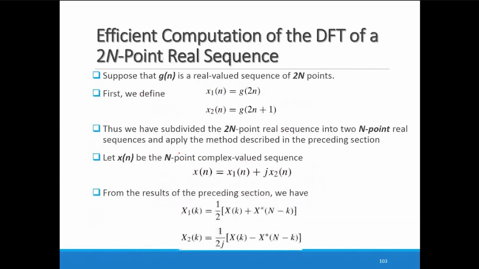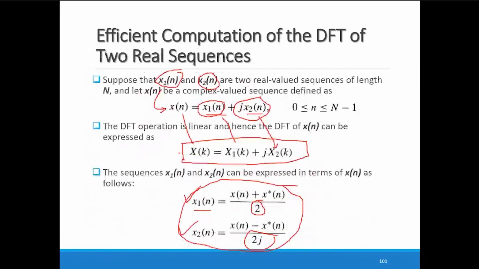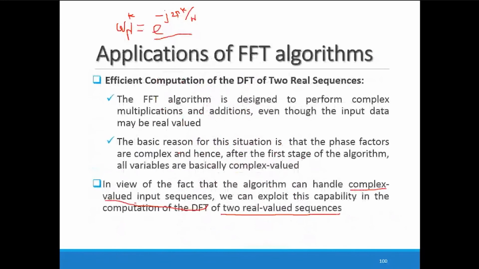Efficient computation of the DFT of a 2N point real sequence. Up to now, we were talking about the N point sequence. Now, we are not at present interested in saving any computation, but what we are discussing is the efficient computation of the DFT of two real sequences instead of a complex sequence.